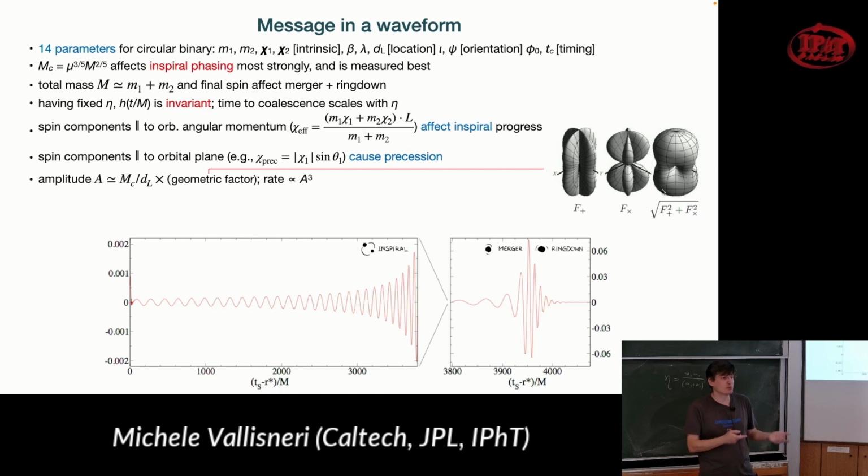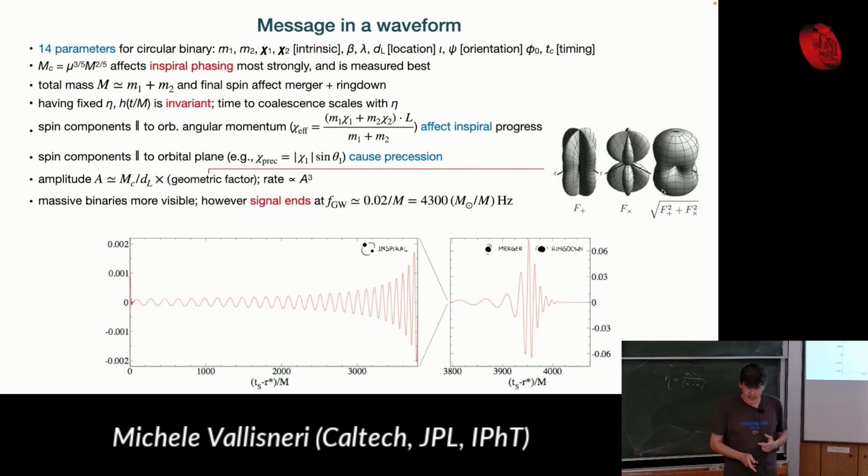However, there are more tricks to play, and LIGO in particular has time of flight differences, right, between the detectors. And massive binaries, as a rule, will be more visible, right, because the chirp mass is larger, the total mass is larger.